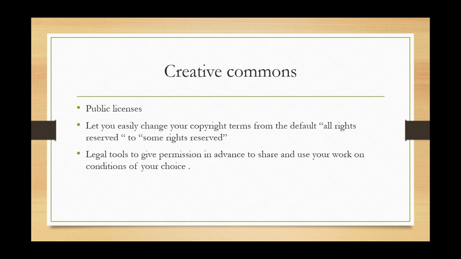Other creators may reuse your work subject to the terms of the license. So you can put what we call all rights reserved. That means no other video owner or video channel owner on YouTube can use your work. So that is one example of Creative Commons licenses.